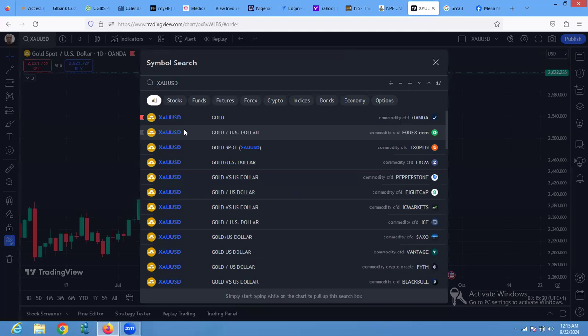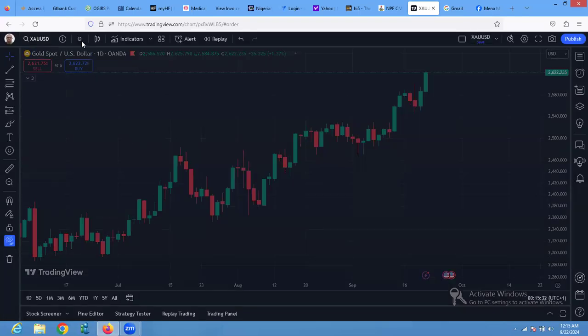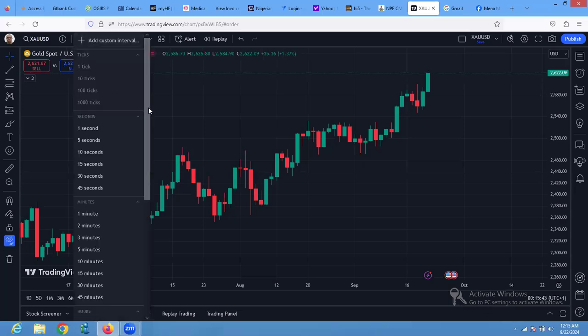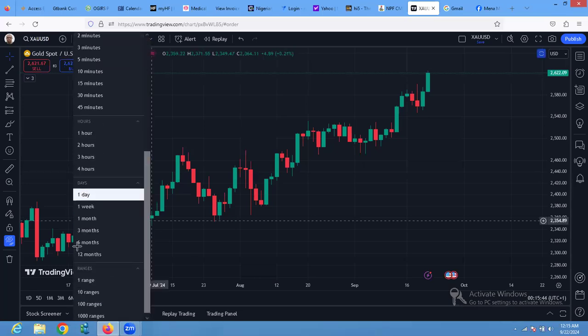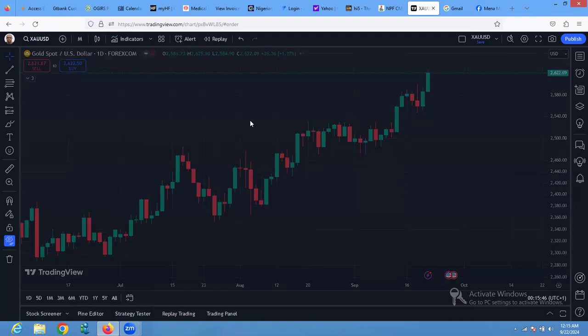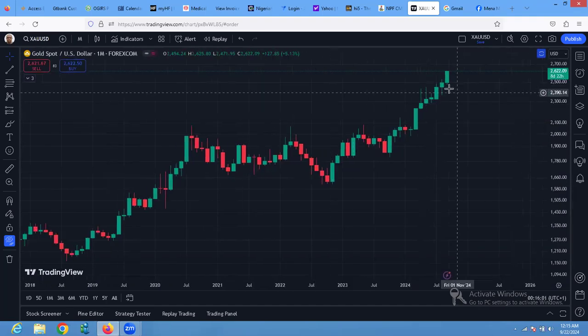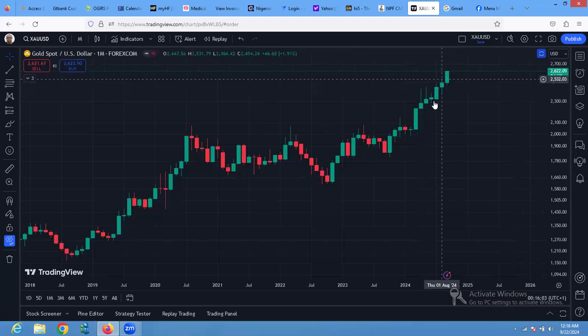That's become very interesting. Let's go to the monthly time frame now. The monthly time frame on gold, it's very interesting. Very, very interesting. So this is super bullish. With the way it's going, this is super bullish.